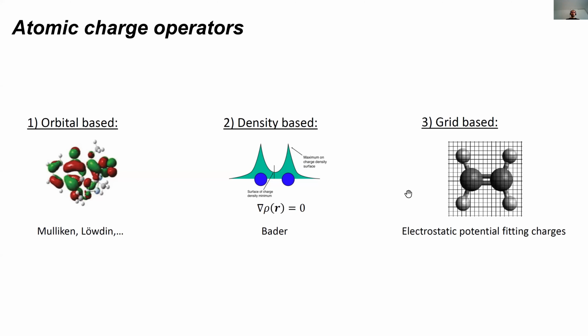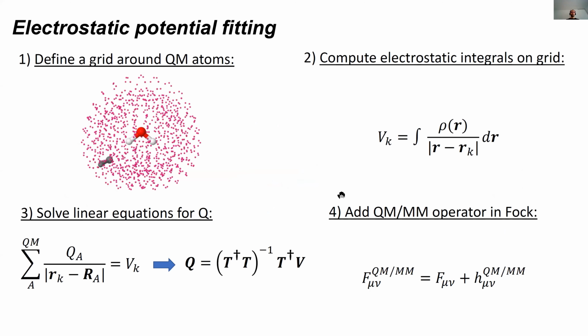And just to explain a bit how this grid-based method works, it is very simple. You just take the QM atoms and you define a grid of points around these QM atoms. At each of these grid points, you calculate these electrostatic integrals, and then you fit these electrostatic integrals into point charges centered on each of the quantum atoms.